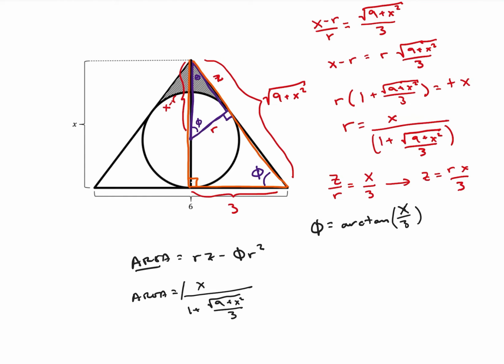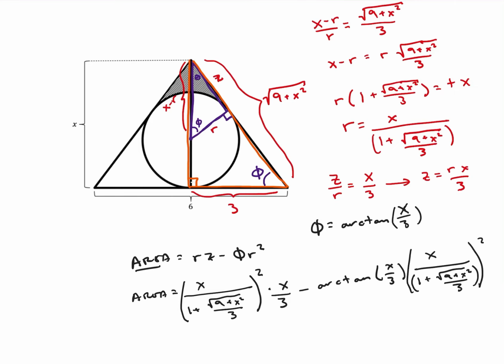So this whole thing was r, so I can just square this, multiply that by x over 3. And that's going to be minus my phi, which was arctangent of x over 3, multiplied by r squared. And that r squared, that's going to give me, once again, x over 1 plus the square root of 9 plus x squared over 3. And that whole quantity is squared.